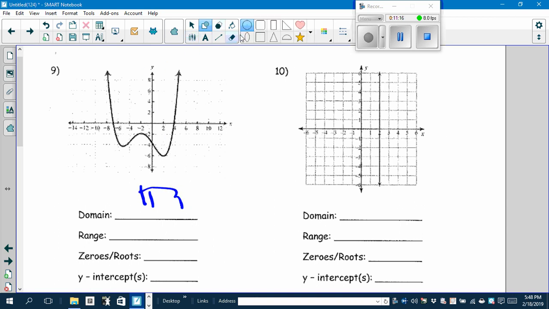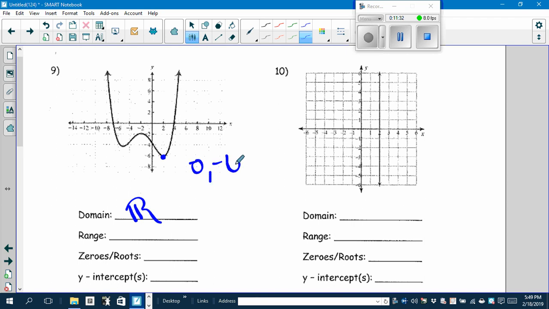Oopsies. Oh, sorry guys. All right, so let's try this again. Sorry. Domain, again, is all real numbers. And your range, now let's look at what the lowest value is. It appears it's 0, -6. And that's the lowest value of this function. So we're going to go up.